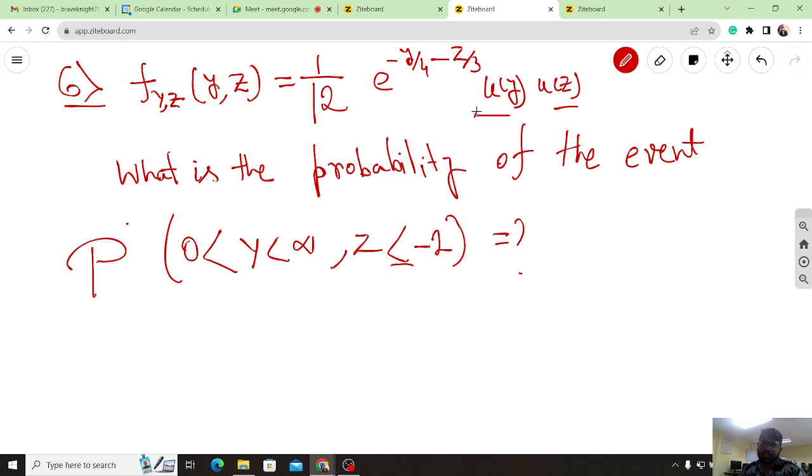What is the probability of this event? I think it is clear what u means. U is the unit step function.